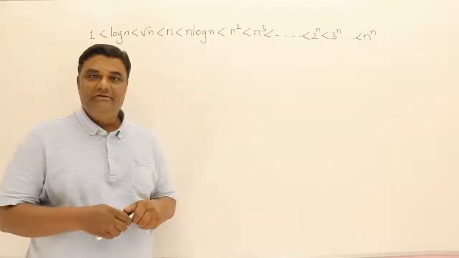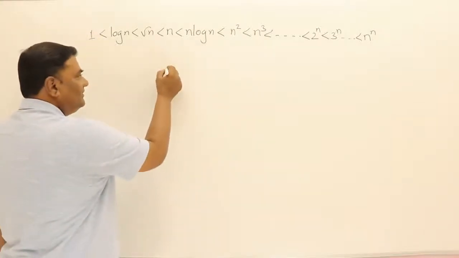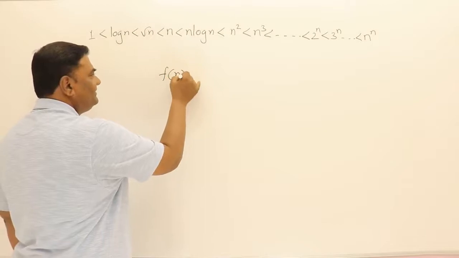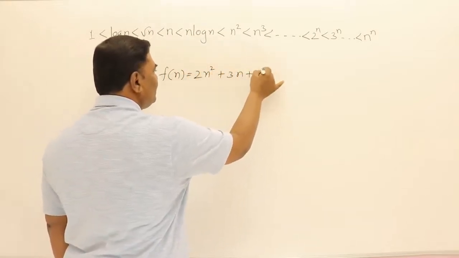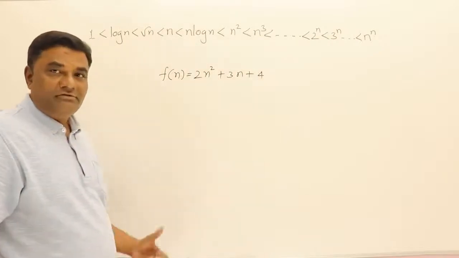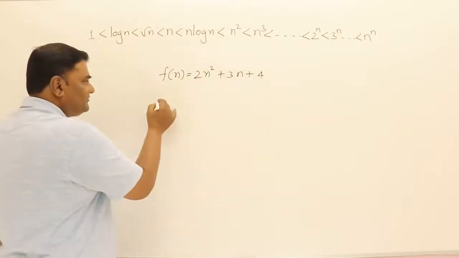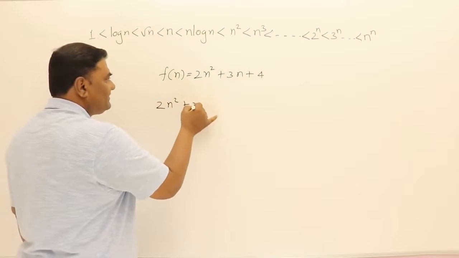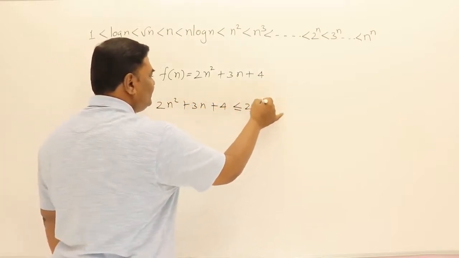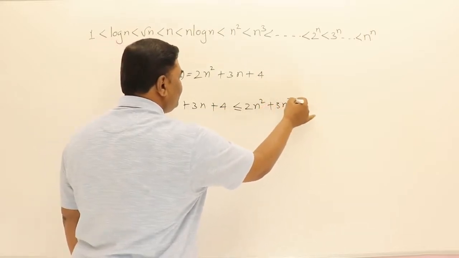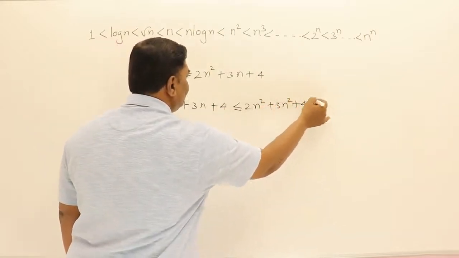Let us take a few examples. f of n, if it is 2n square plus 3n plus 4. Suppose this is a function. So 2n square plus 3n plus 4 is less than 2n square plus 3n square plus 4n square.